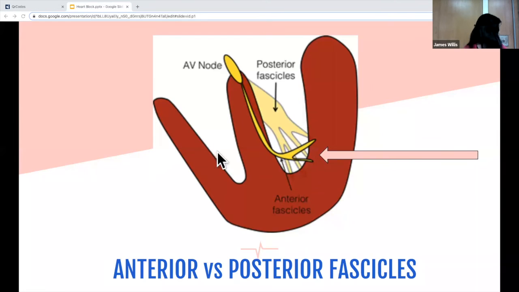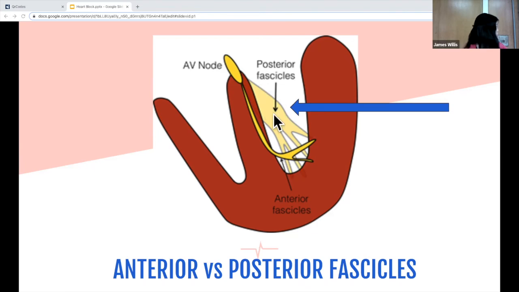So to get a better sense of it, the anterior fascicle pretty much is this thin little wire that connects over to this lateral wall of the ventricle. It's the most commonly damaged because it's supplied by the LAD. Whereas the posterior is this fan-like fascicle that inserts on the endocardium of the ventricle on this bottom part.